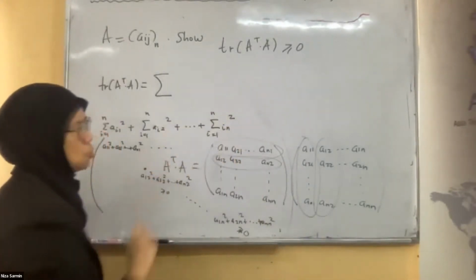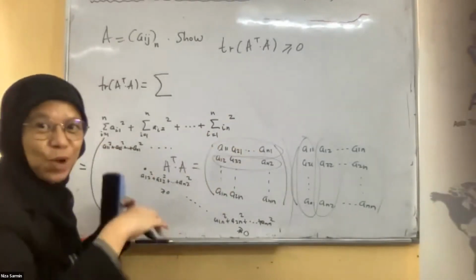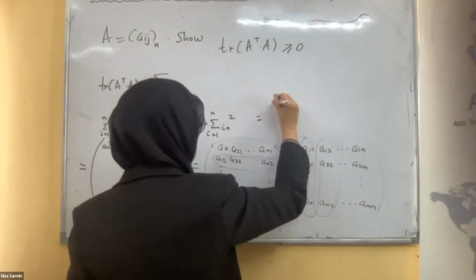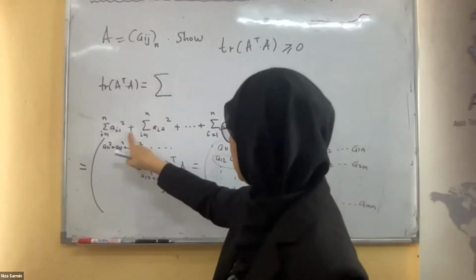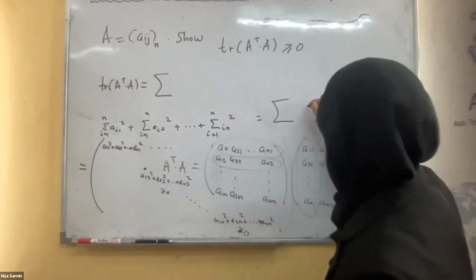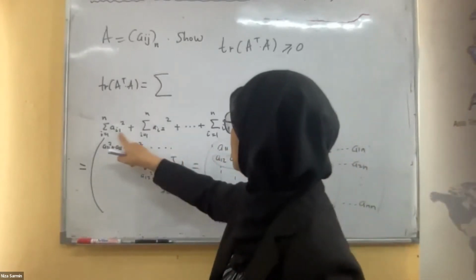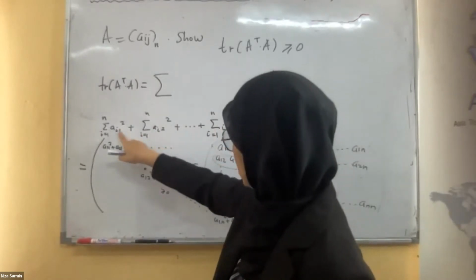Okay, and if you want to write this whole thing in just one summation, this will be summation with this plus, and then summation. And the one that is changing from here is this one, right?